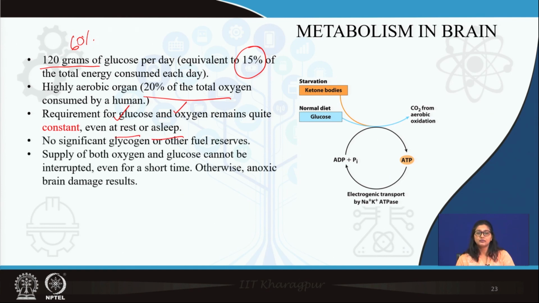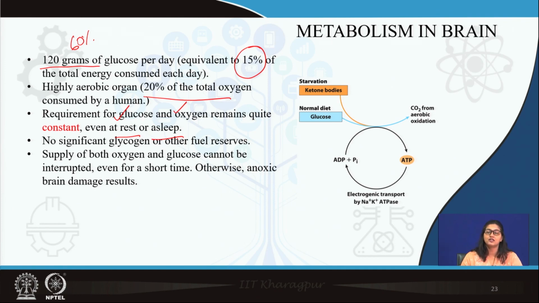So, it needs fuel, but the problem is there is no significant glycogen storage and other fuel storage is also very low. Not only that, fatty acids cannot be utilized in brain because neurons, firstly, do not have enzymes for beta oxidation of fatty acids.